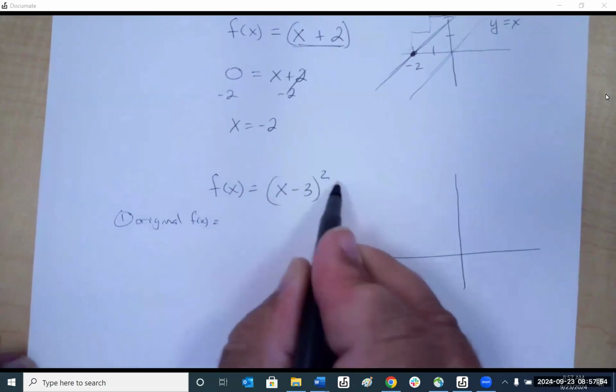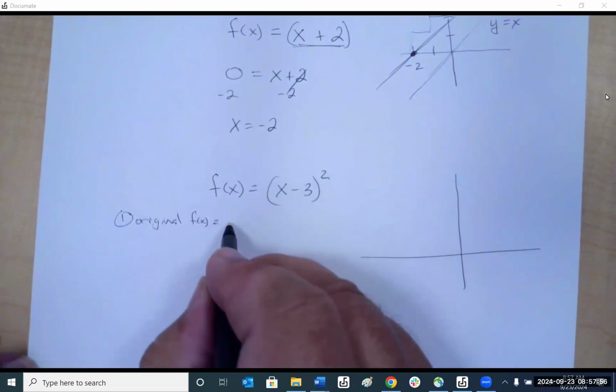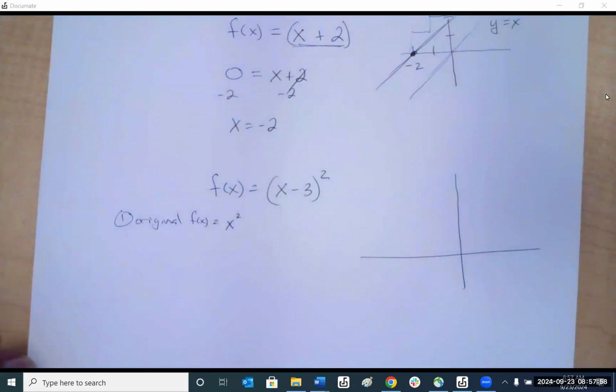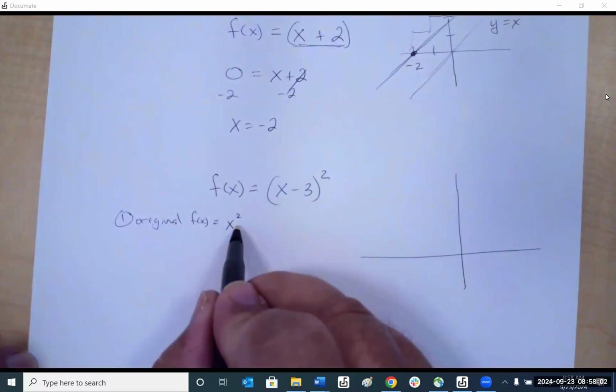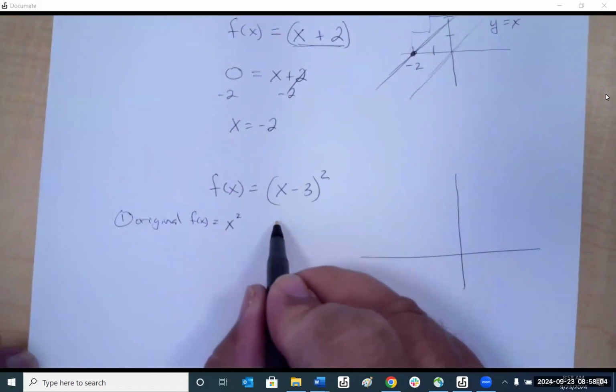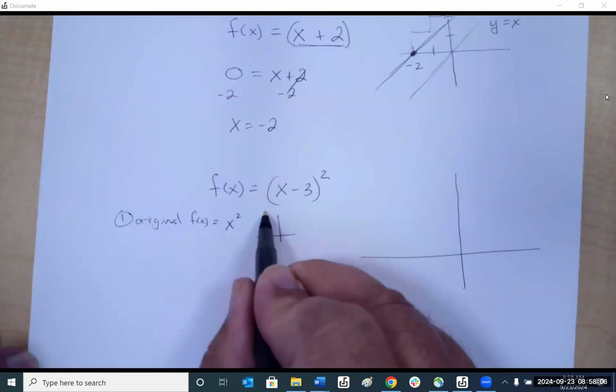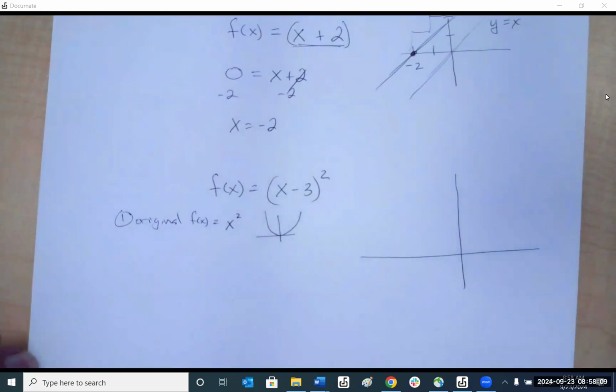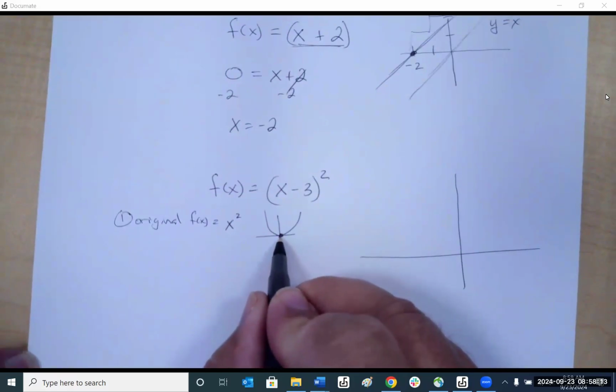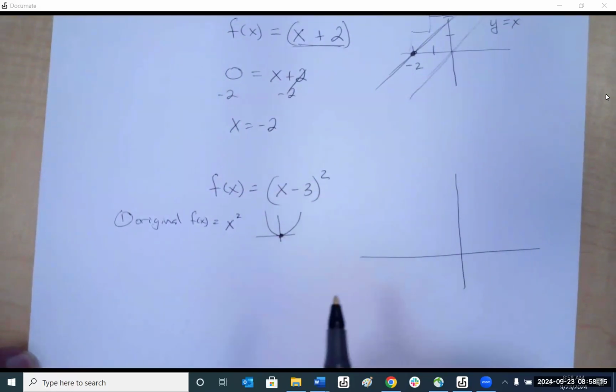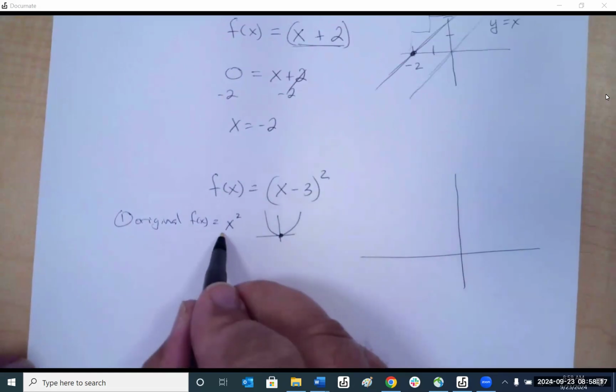The original function this one comes from is x squared. What does the graph of x squared look like? Parabola. Notice at the origin, when x is 0, y is 0. That's what this one is.